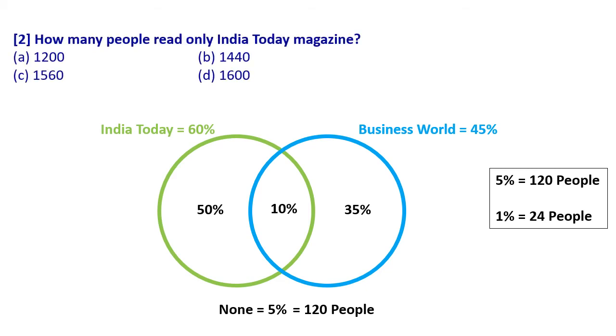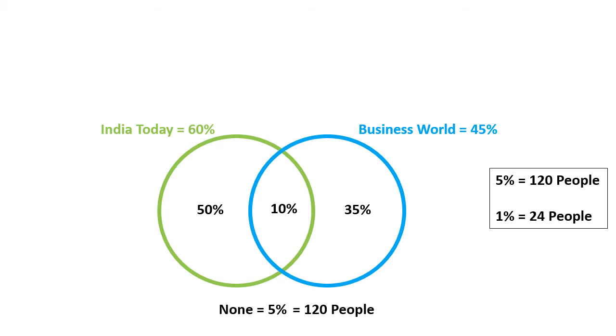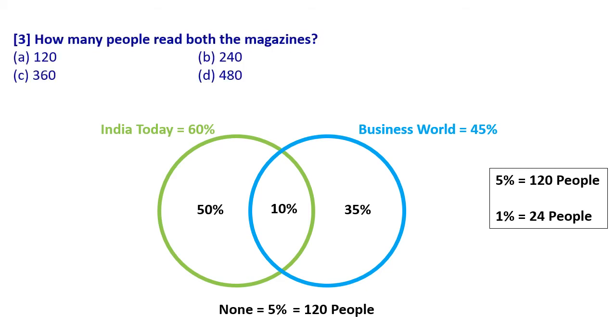Question number 2, how many people read only India Today magazine? Only India Today is 50%, and 50% means 1200 people. Question number 3, how many people read both the magazines? It is 10%, and 10% means 240. Option B.